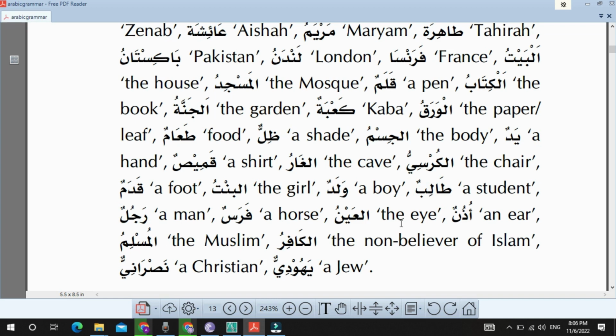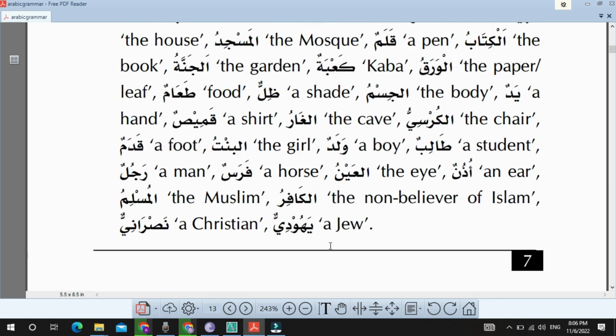Al-Ainu, the eye. Udhunun, an ear. Al-Muslimu, the Muslim.